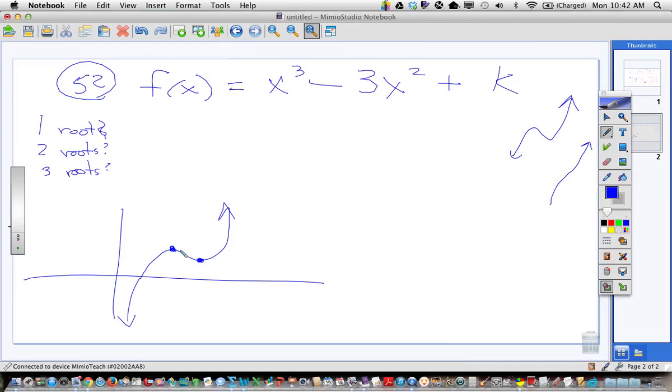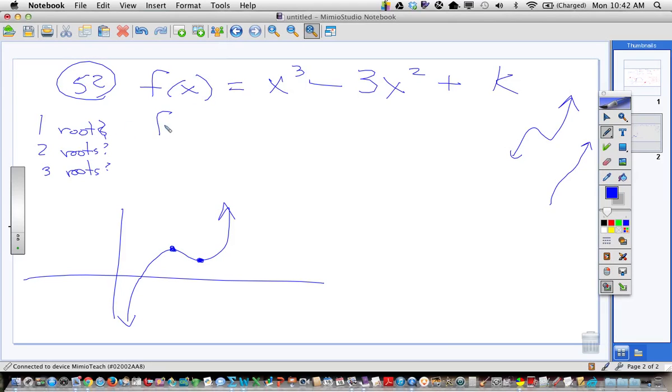How far until we go from 1 root to 2 roots is when that point is here, and when that point is here. Those are the local max and local min. The key to this is finding the local max and local min. Oh, how do we do that? Problem 20. Come on, guys. Yeah, how do we do it?